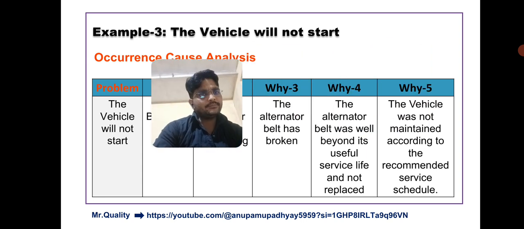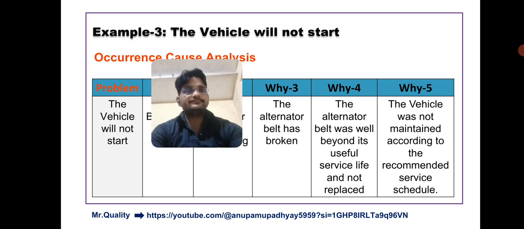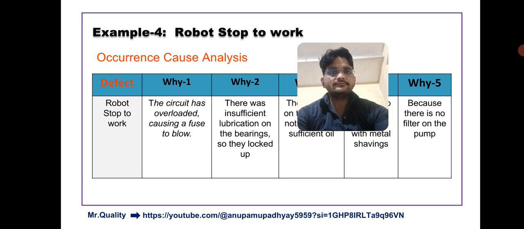The alternator belt was well beyond its useful service life and not replaced. Means service life is expired. This answer is the vehicle was not maintained according to the recommended service schedule. Means schedule was not followed. This is the root cause.